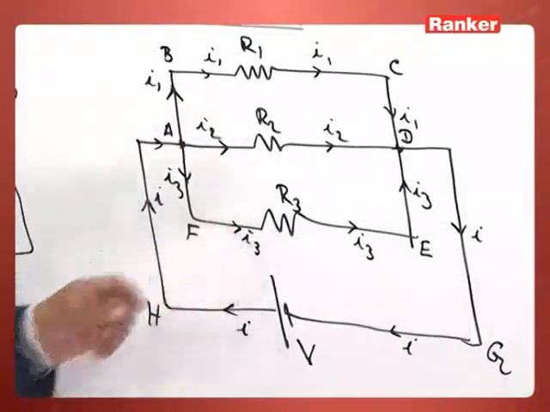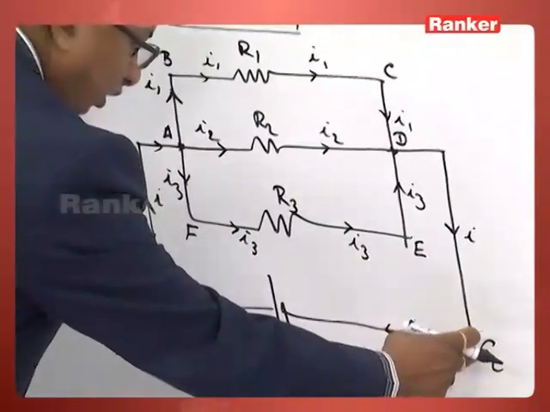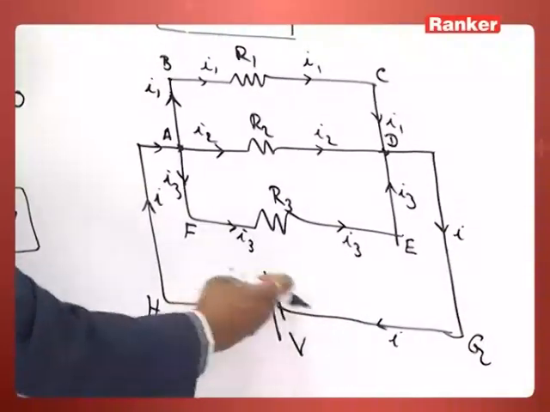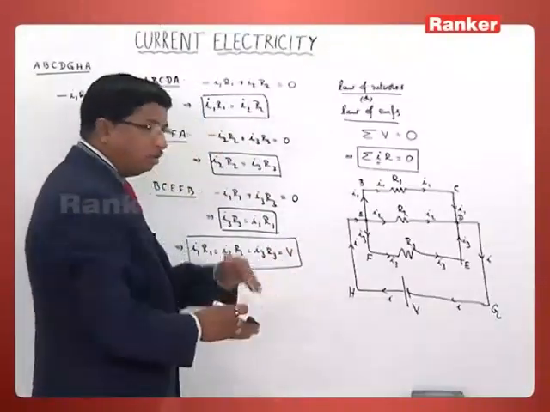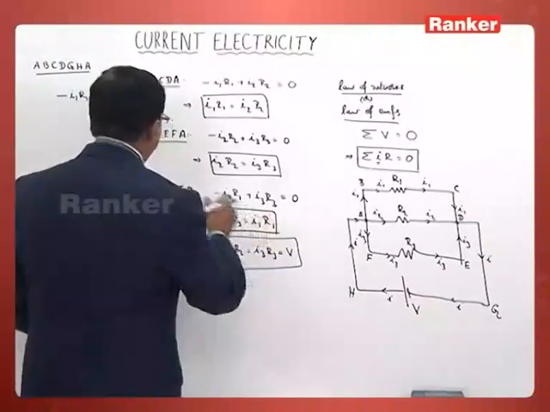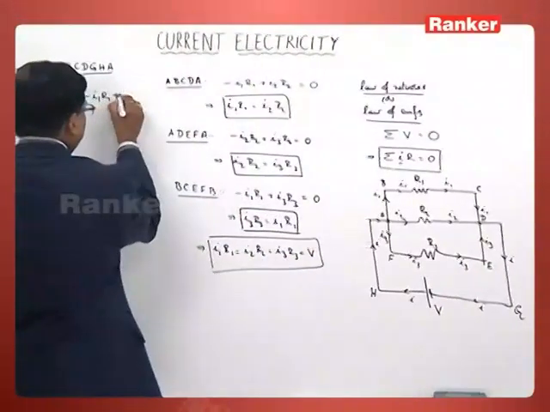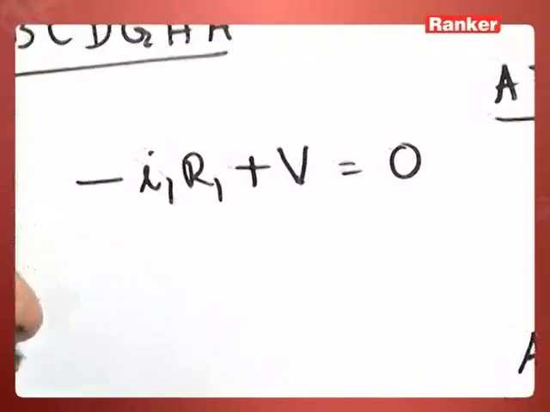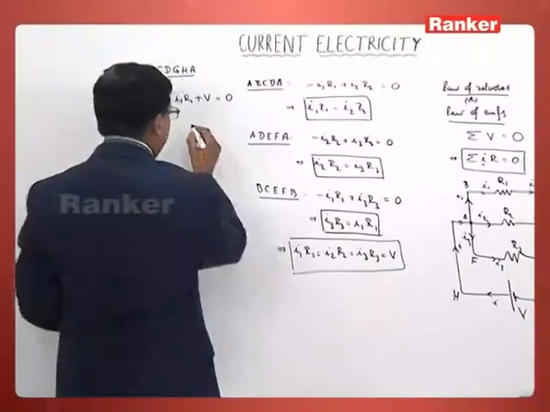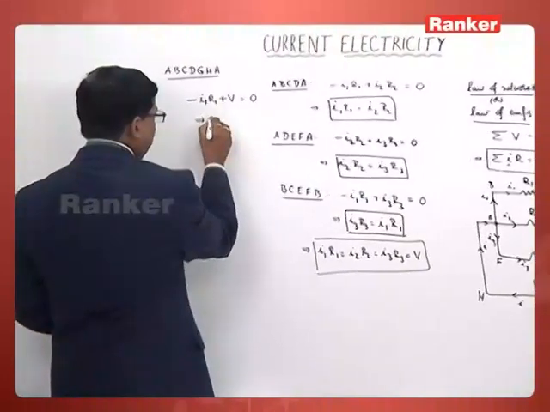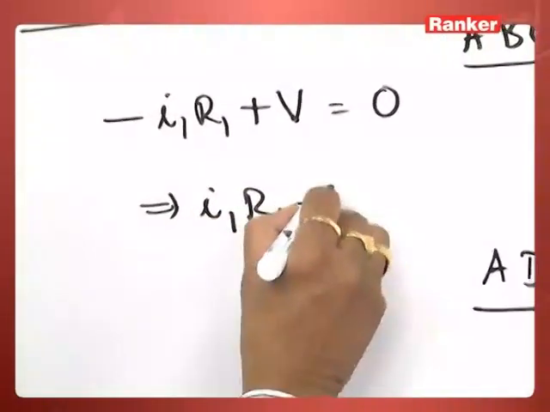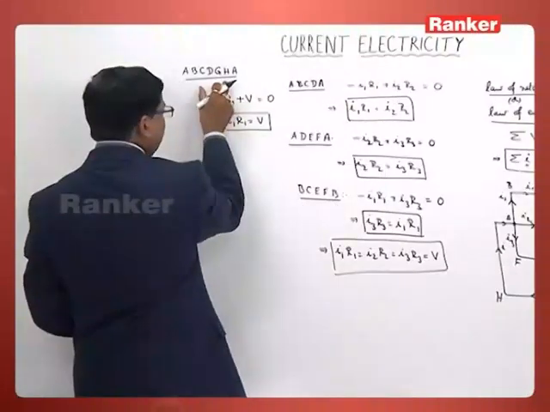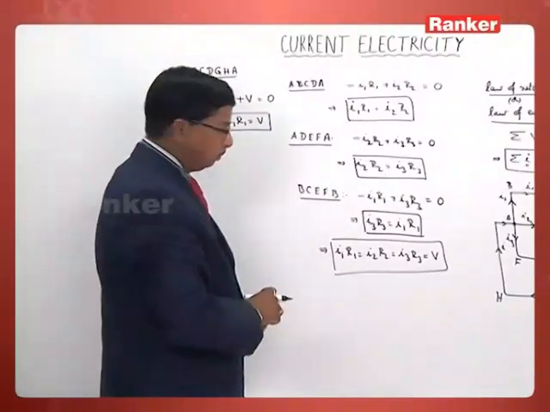So if you check here, I am crossing between G and H, from G to H. That means I am crossing this cell from negative terminal to positive terminal. Therefore, automatically we should write that one as V, and this sum must be 0 according to that law. So what I can directly write from this one, I1 R1 is equal to V. That is the outcome as far as this closed circuit is concerned.